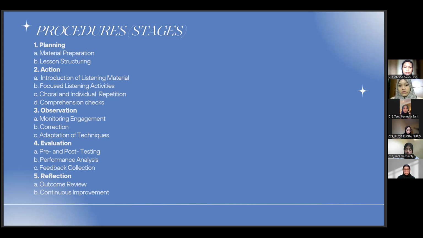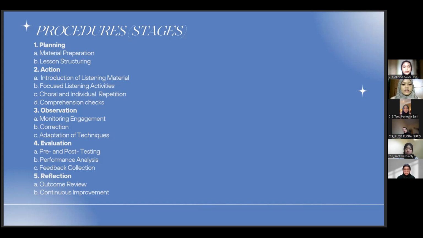Introduce audio recordings that reflect real-life context at the suitable phase, and engage students in listening activities. First, have them listen for general understanding, then focus on details. Follow up with choral and individual repetition, role-playing based on the dialogues, and comprehension checks to reinforce understanding.